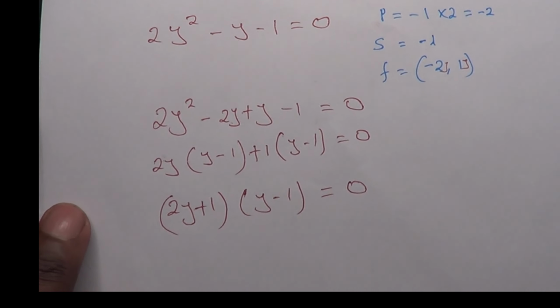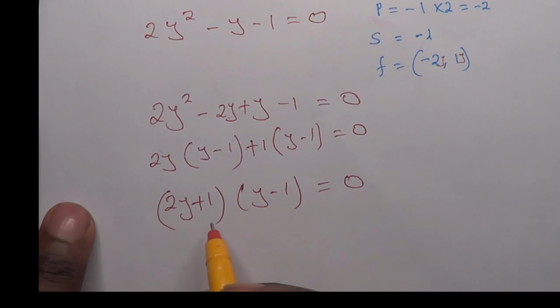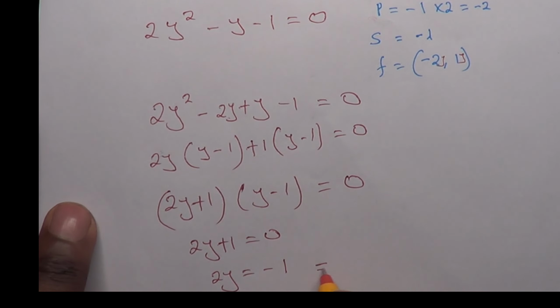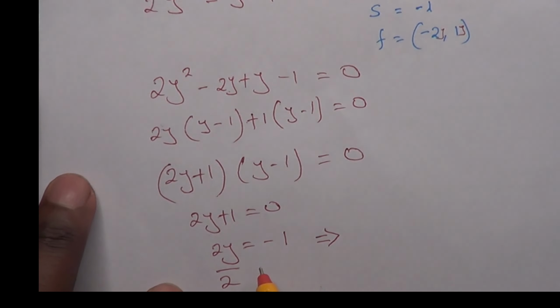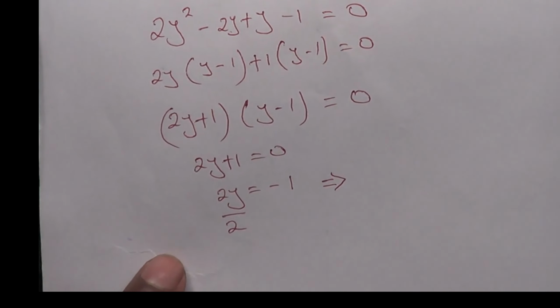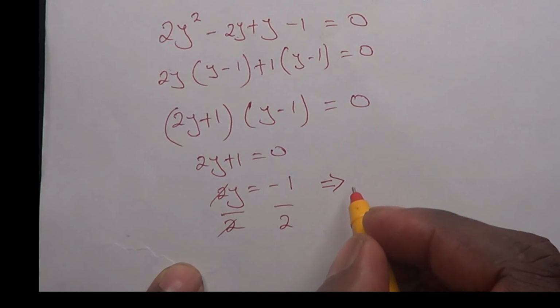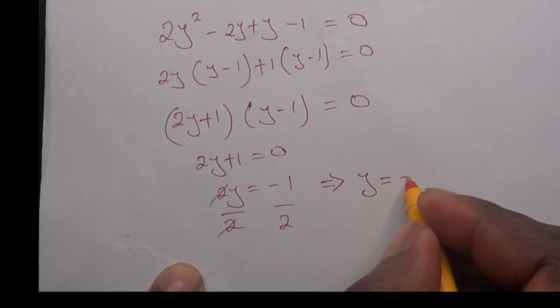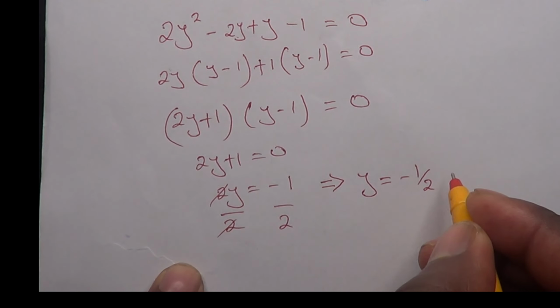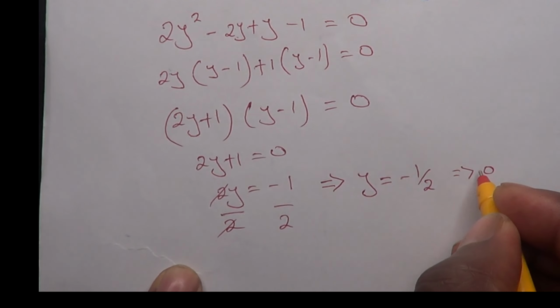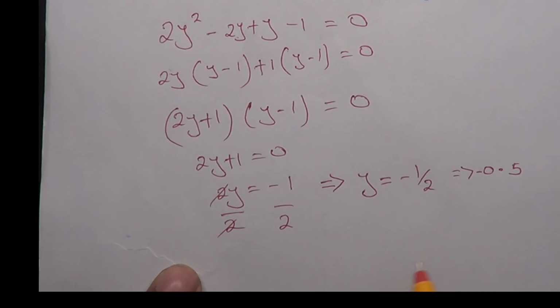At this point, let me start with 2y plus 1 equals 0, which is now going to be 2y equals -1. Divided by 2, y equals -1 over 2, which is the same as -0.5.